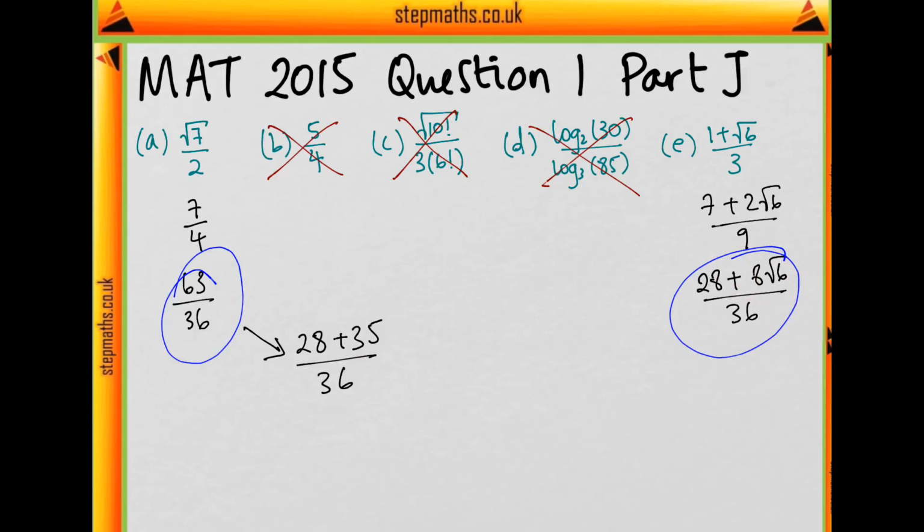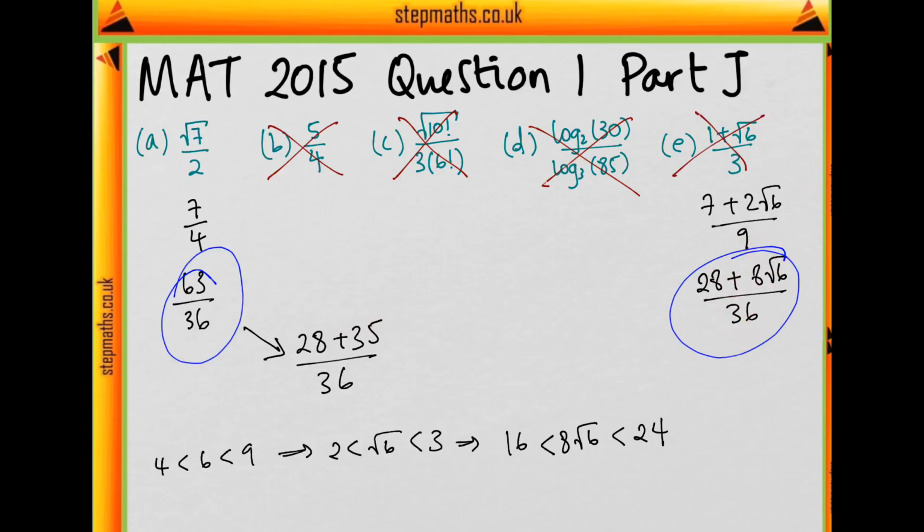Well, we know that 6 is between 4 and 9, so we must have that root 6 is between 2 and 3. So 8 times root 6 is going to be between 8 times 2 is 16 and 8 times 3 is 24. So we can see that 8 root 6 here is less than 35. So this must be smaller. So E is not our largest either, and so our answer is A.